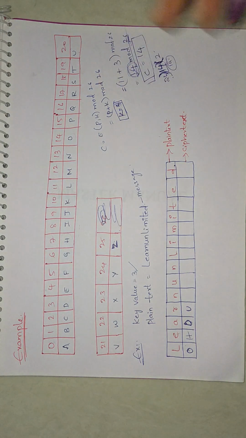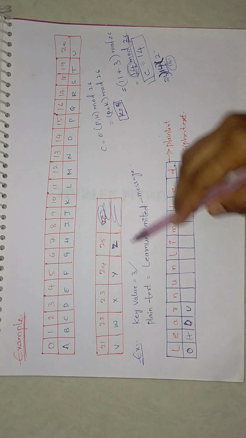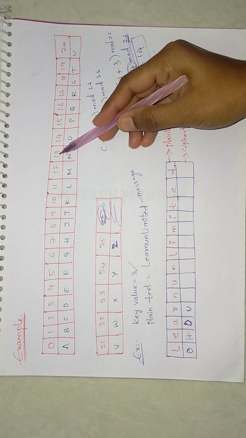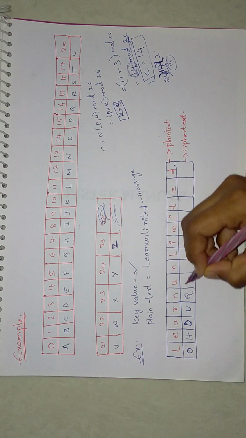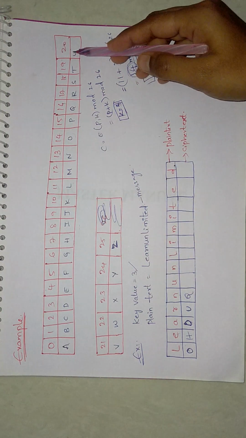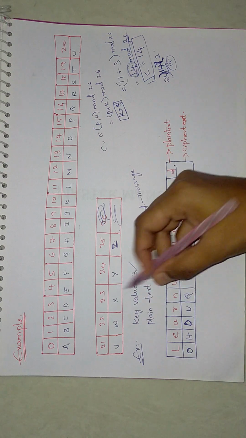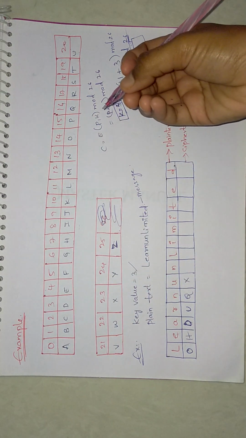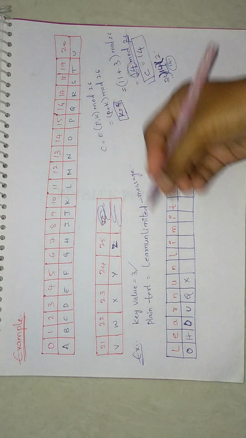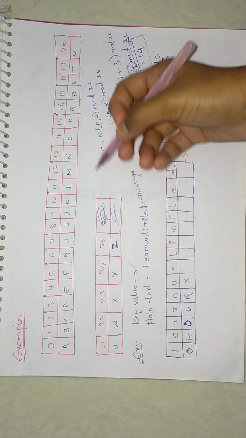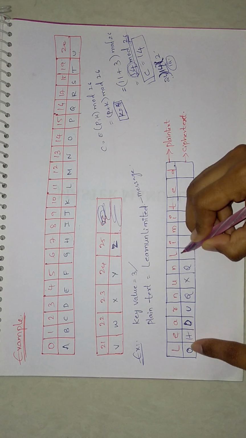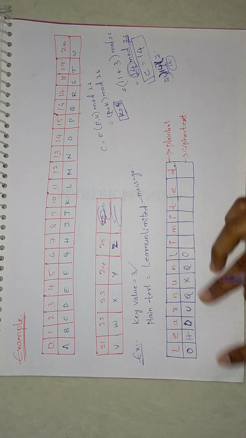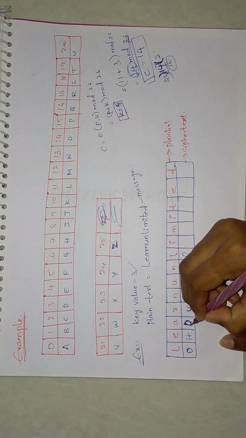Even if you do the general procedure, you will get the same answer. Then N, it's 13 plus 3, 16. So Q. Then U, 20 plus 3, 23. What is 23? X. And then N, we already did N, right? It's Q. And L, it's O. I'm just writing the same. This is D.